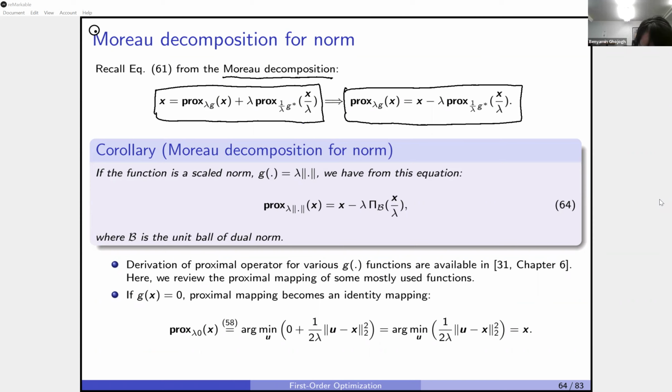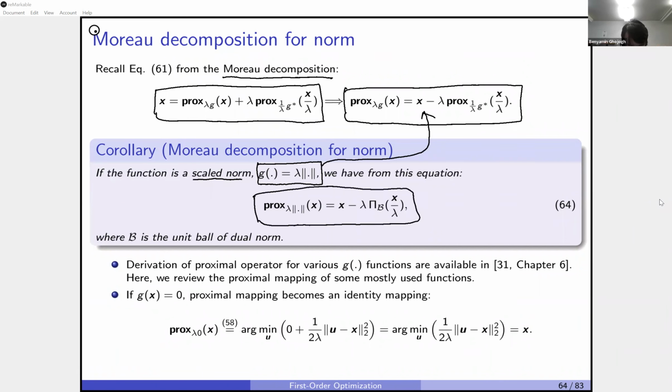If the function is a scaled norm, so assume that function g is lambda times some norm. This norm can be any norm, like L2 norm, L1 norm, any norm. Then for the prox, just replace this with function g here, and you will have this. We'll see why.